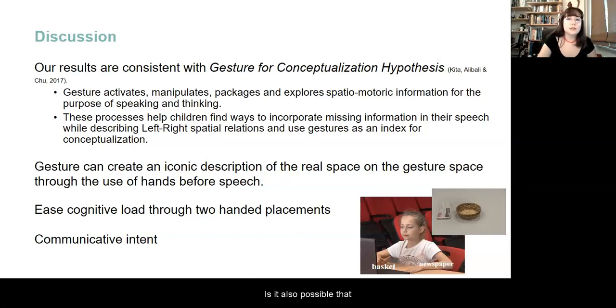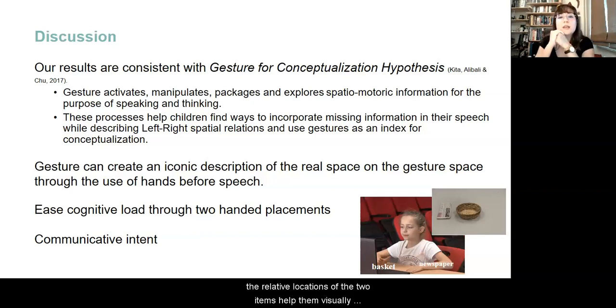It is also possible that children's two-handed placement gestures to depict the relative locations of the two items help them visually think and possibly ease the cognitive load for the abstract concept of left and right, that is utterly symmetrical. Thus, it provides an exploratory strategy to describe the spatial relations between the items for children.